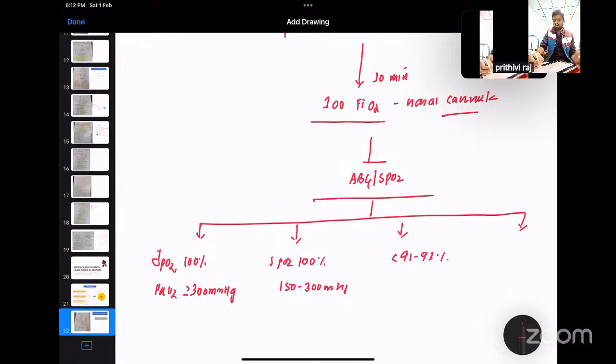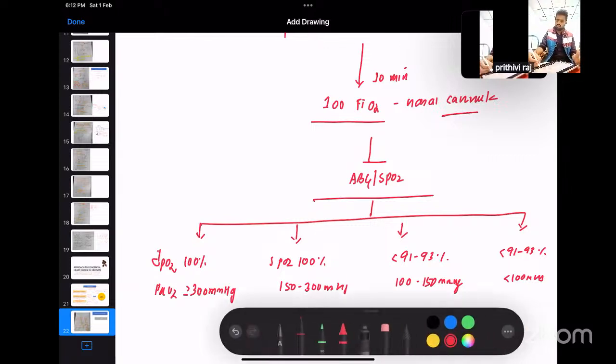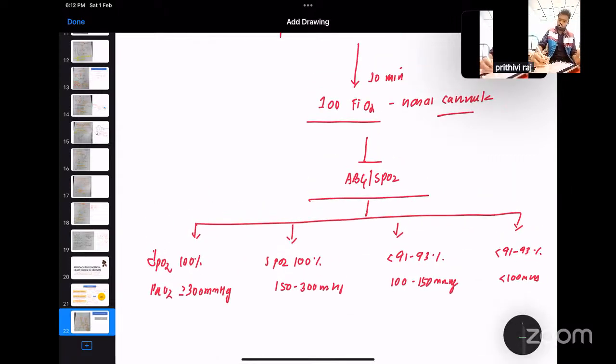Here also less than 91 to 93%, and PaO2 is under 150 mmHg. In another case, you have less than 100 mmHg. So the point is this. This is the difference. This is most likely a respiratory cause.